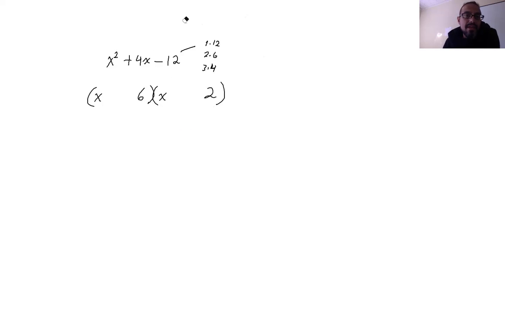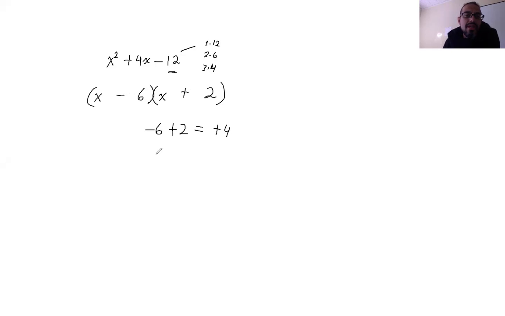Understanding the FOIL process, you should know this times this has got to be negative 12. So it only limits our possibilities to plus and minus, or minus and plus. Well, which one is it? Is minus 6 plus 2 equal to positive 4?